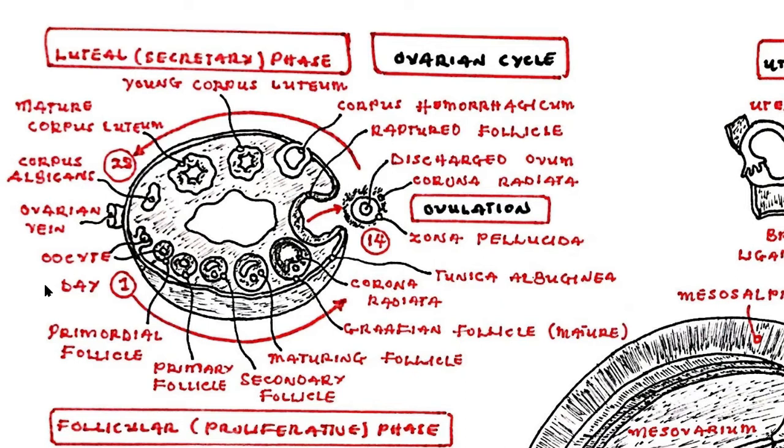The two primary activities of the ovary are development of female germ cells, also known as ova, in the follicular phase, as well as secretion of estrogen and progesterone in the luteal or secretory phase.